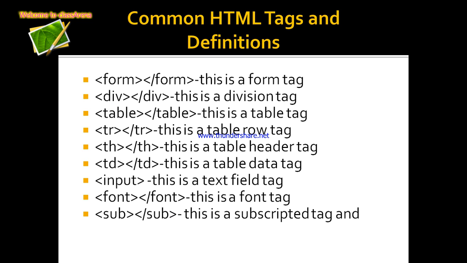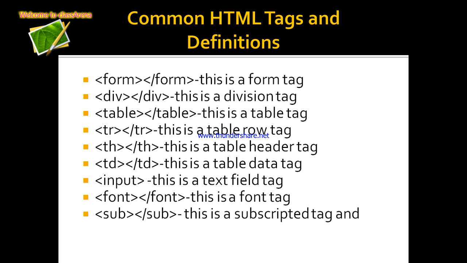Then we have the sub. This is actually a subscript tag. Whenever you need a subscript, like in mathematics, where you have some number below the other, that is a typical example. Whenever you need something of that nature, you just use that tag, sub /sub.